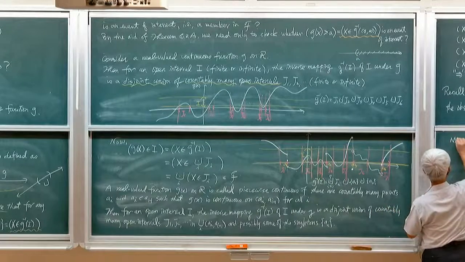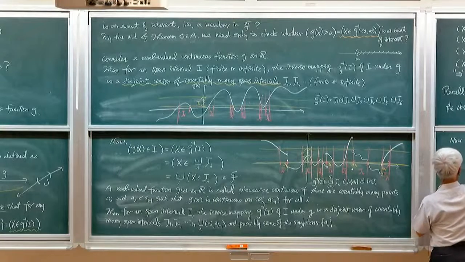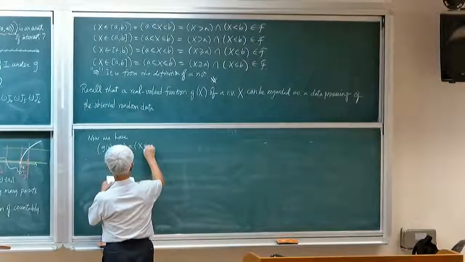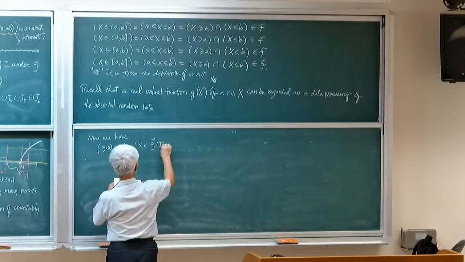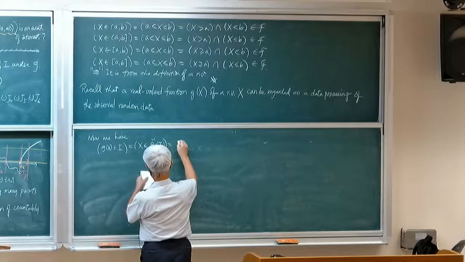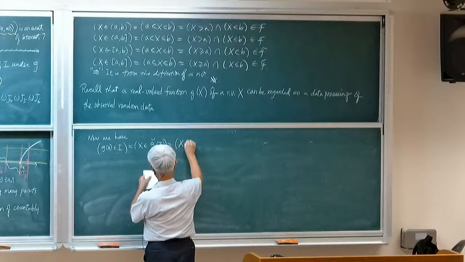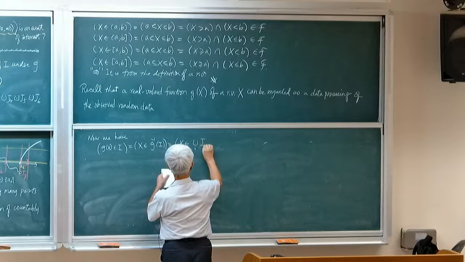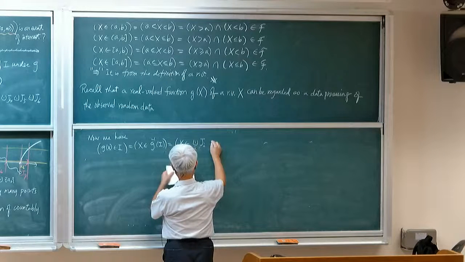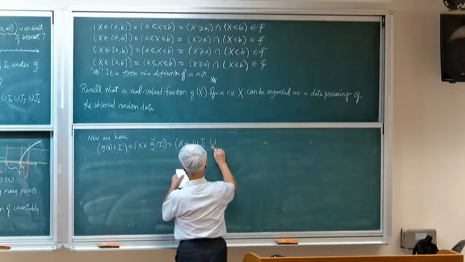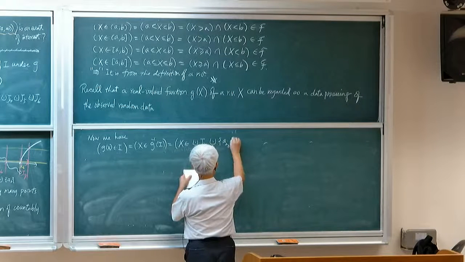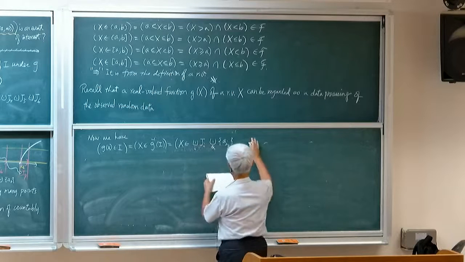Okay, so now we have g of x in the open interval I, which is x in g inverse of I, which is equal to x in the disjoint union of J_i, union the disjoint union over k of the points a_{ik}.